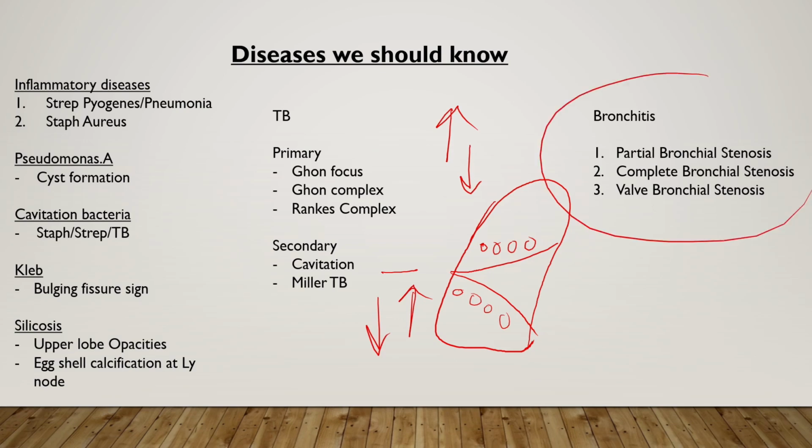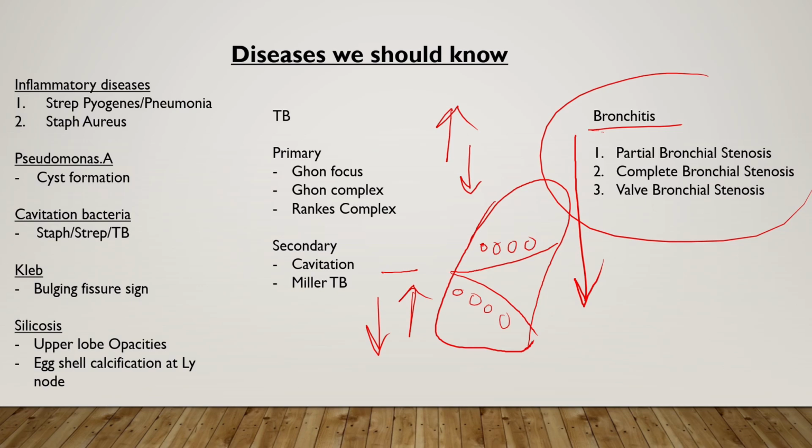Finally, we have bronchitis. This you have to know. I've seen these questions in the actual past papers as well. Bronchitis has a 3-stage process going from early stage to late stage. Early stage, it will be partial bronchial stenosis, and this leads to more occlusion. So partial will be partial, complete.